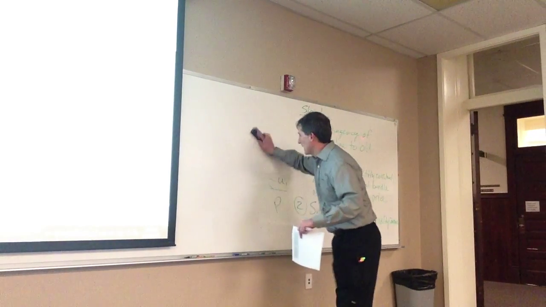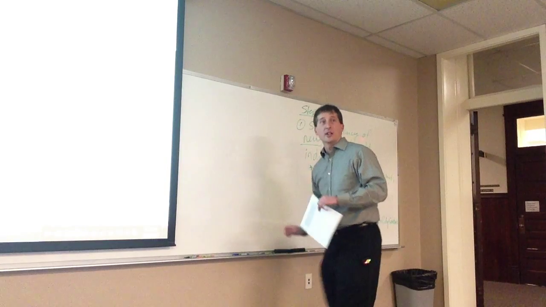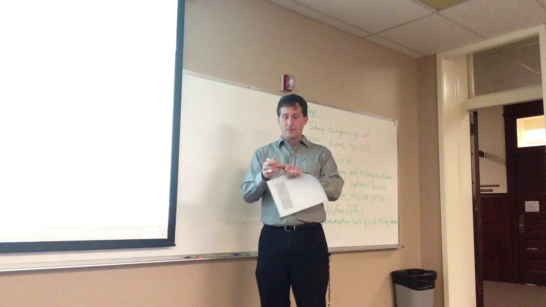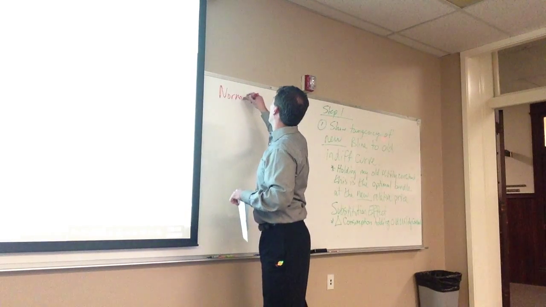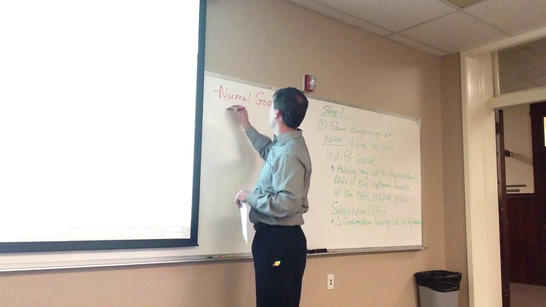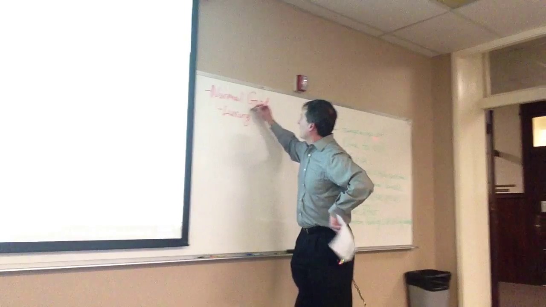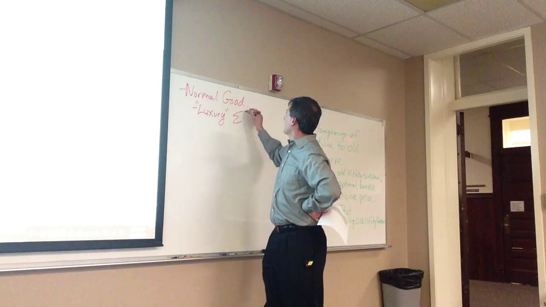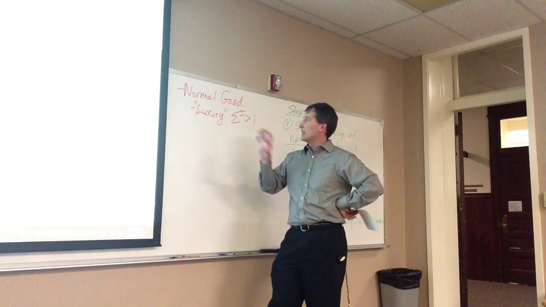If the income elasticity is greater than 1, then the good is said to be a luxury good. So under the category of normal good, we've got a regular normal good, but then we've got this special category. A luxury good is if the income elasticity is greater than 1. And you can think about the implication of that.